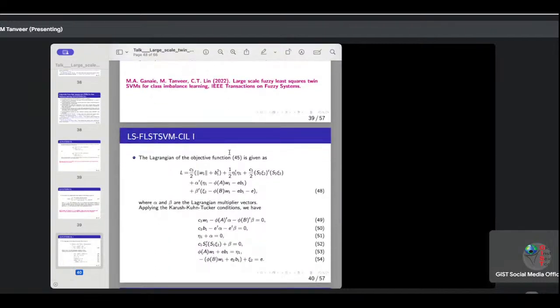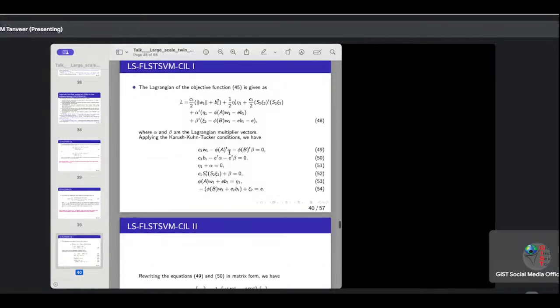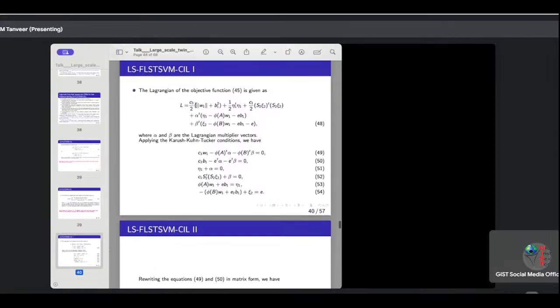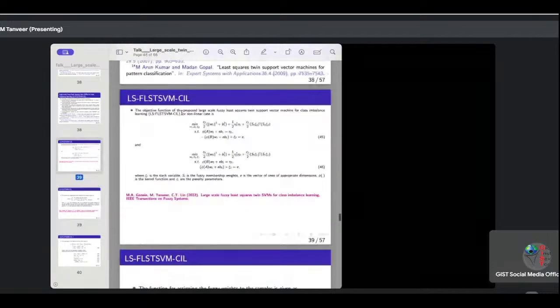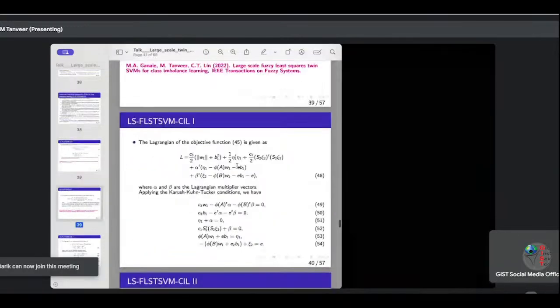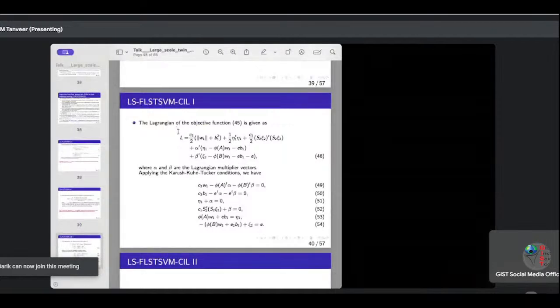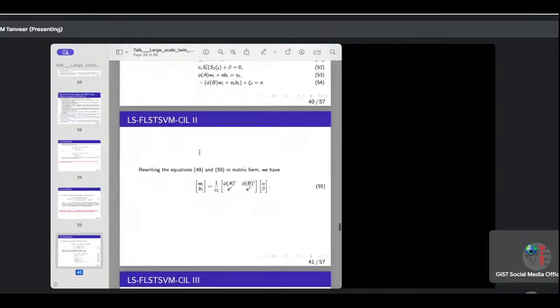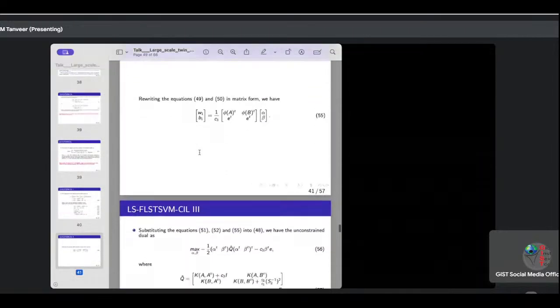Now, if we look at formulations 45 and 46, how to solve it? First, we construct a Lagrangian function, take the partial derivatives and calculate the dual. So this is the Lagrangian function, and we take the derivative, use KKT conditions, and finally we get W1, B1 and W2, B2.